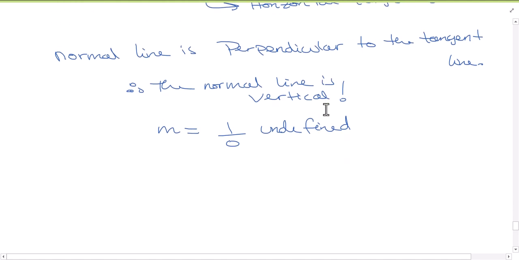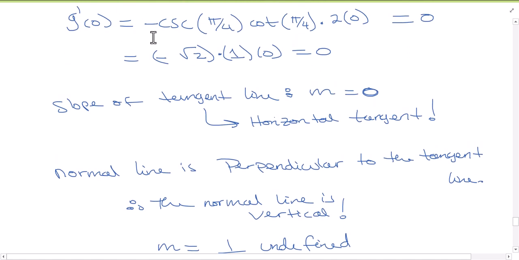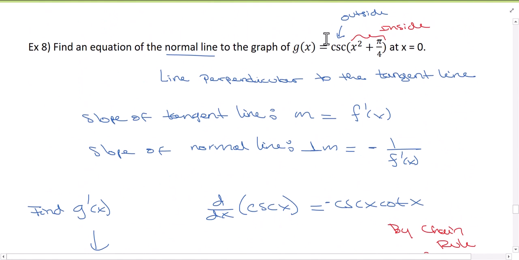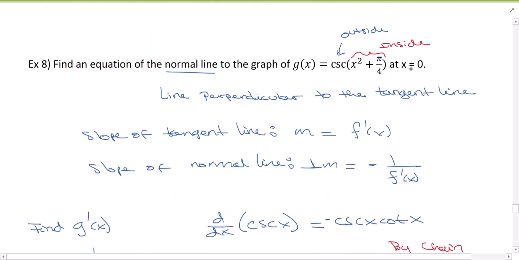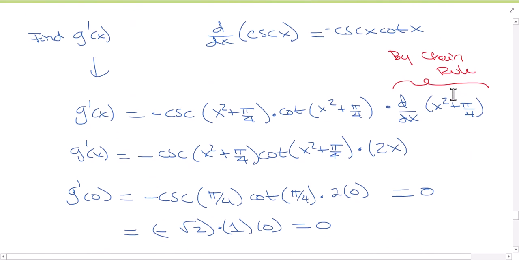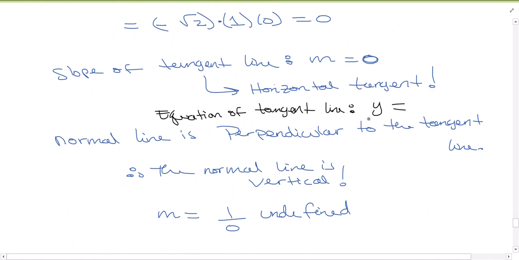So the equation of the tangent line, because it's a horizontal line, is going to be y equals whatever the y value is. So where is our point? At x equals 0, what's the y value? When x is 0, plug it in, 0 squared plus pi over 4. So cosecant of pi over 4, which is the square root of 2. So our tangent line will be just y equals the square root of 2.